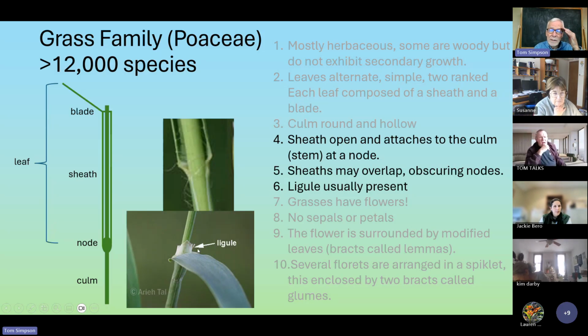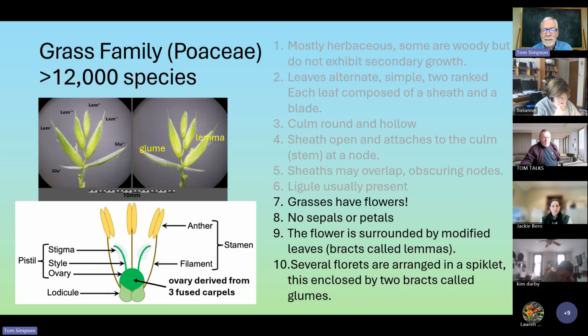The ligules can be very small, they can be large, they can be a lot of different shapes, but you look for the ligule, it's a funny little structure that occurs where the blade and the sheath join. All of this is one leaf, but where the blade and the sheath join on the inside, you'll find these ligules. And the shape and the size and the structure of the ligule is often a good identification character when you start working with grasses.